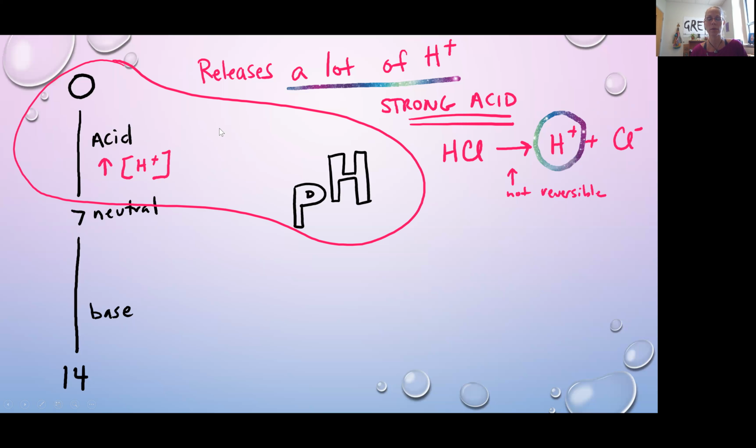Those brackets are my shorthand for concentration. If you have something that's called a strong acid, it's releasing a whole lot of that hydrogen ion because instead of it being a reversible reaction, it's a reaction that's going in one way. So strong acids are going to fully dissociate, meaning separate. They're not reversible reactions. So you're putting a lot of hydrogen ion into solution.